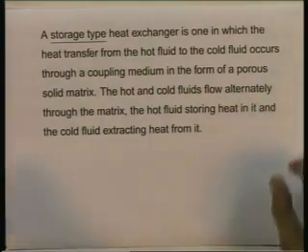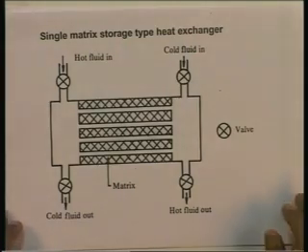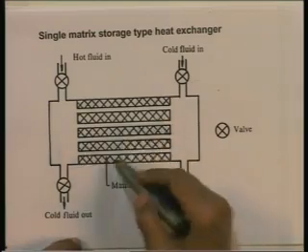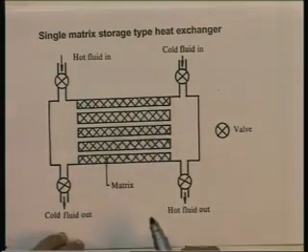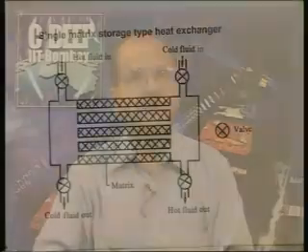Now, let us look at a sketch, so that we describe this heat exchanger a little better. What I have shown in the sketch is a single matrix storage type heat exchanger. The cross hatching shows the porous matrix. The porous matrix, for instance, may be pebbles with passages through them, or it may be porous brickwork with holes in it.